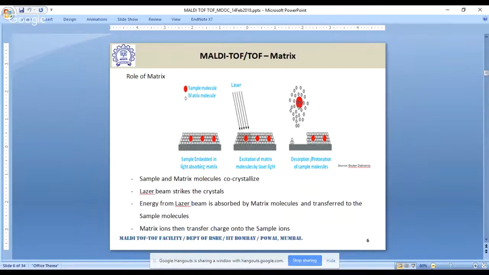What this matrix does is that it first co-crystallizes with the sample, and when the laser beam strikes these crystals, the matrix will absorb all the energy from the laser beam and convert into an ionic state, and as this process is going on, the energy will then be transferred by the matrix ions to the sample molecules, which in turn will get ionized. So it is imperative that the matrix and the sample molecules are able to interact and this energy transfer takes place in a proper way.